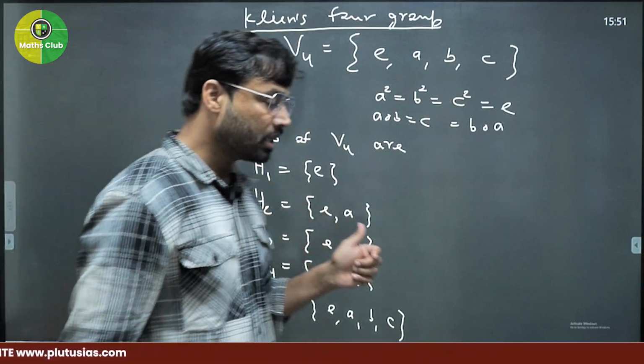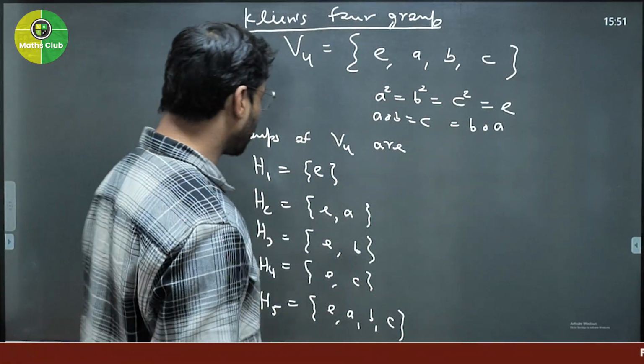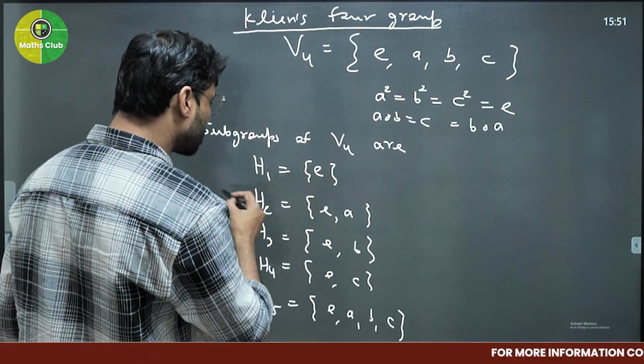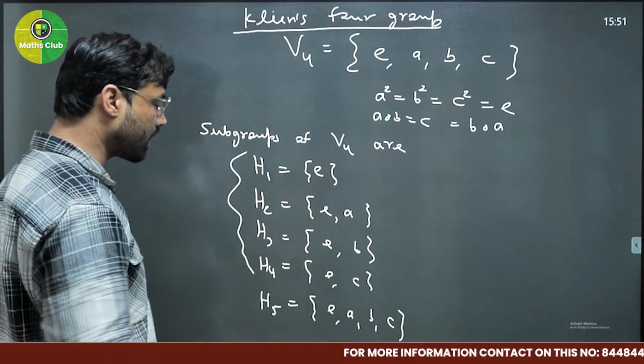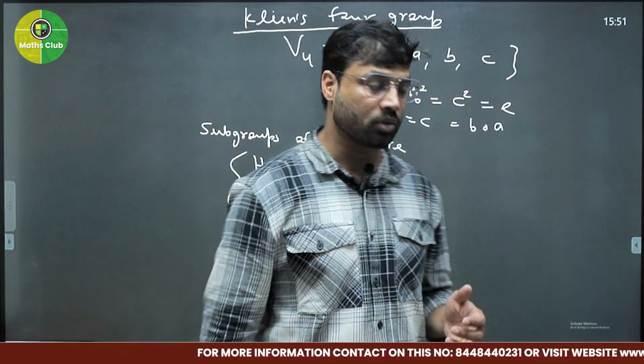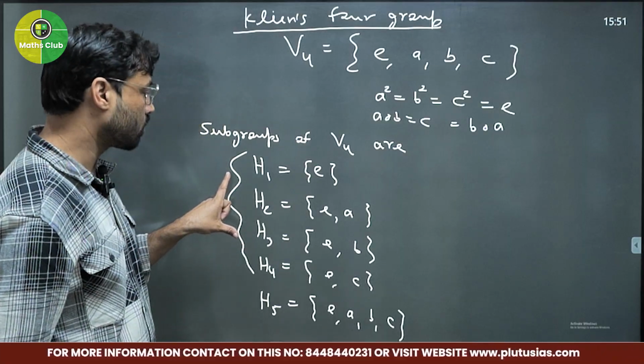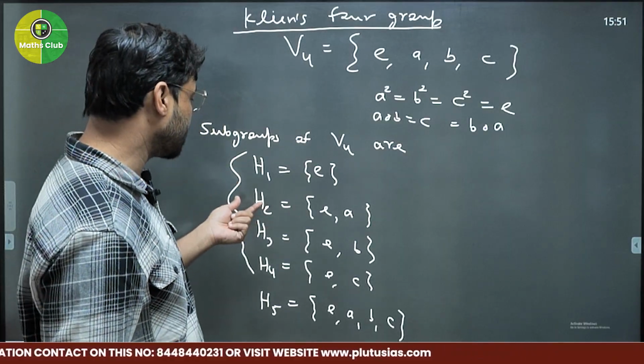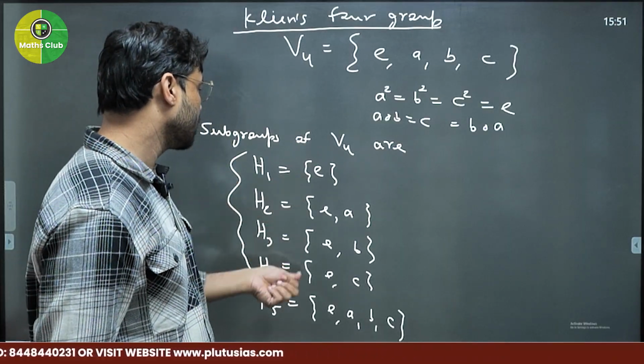But the question says every proper subgroup. So the trivial one is obviously proper too, and these four are the proper subgroups of Klein's 4 group. Now we can clearly see that all are cyclic subgroups.